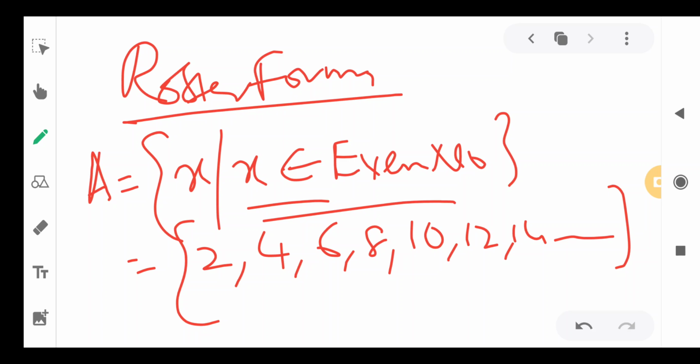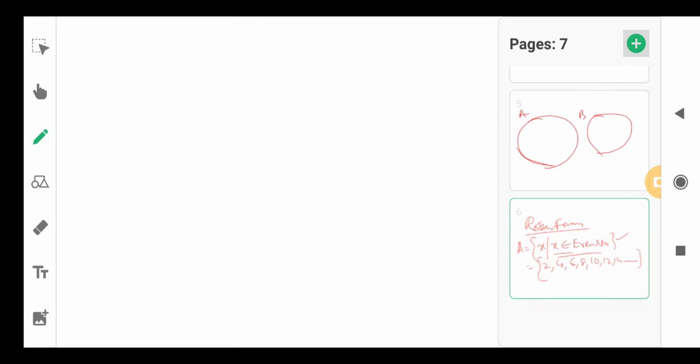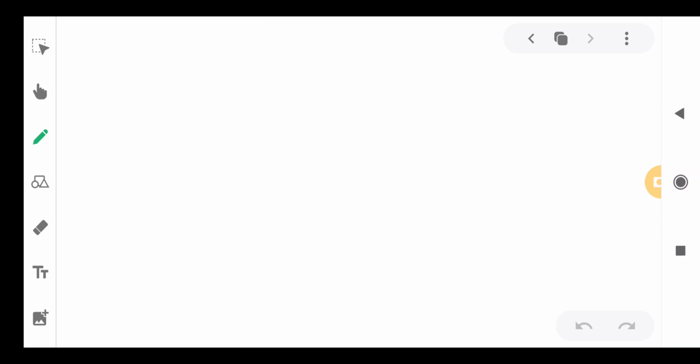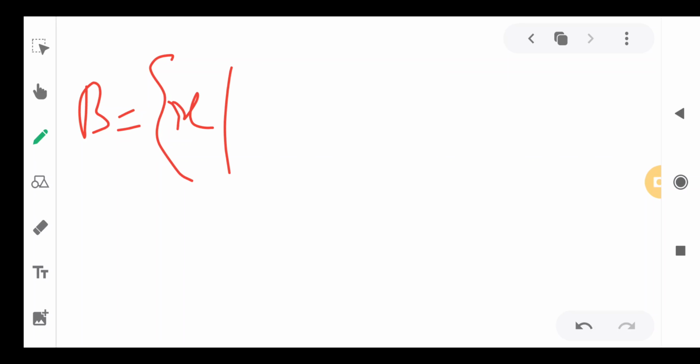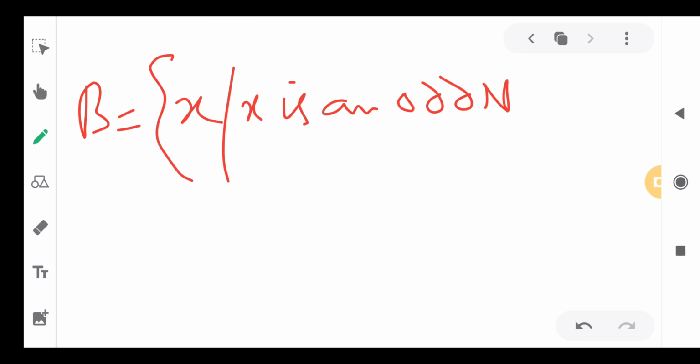Just as we have written that A is a set, we write it in this form: x such that x is an even number. Let me write one more. Suppose there is a set B. We write B = {x such that x is an odd number}.